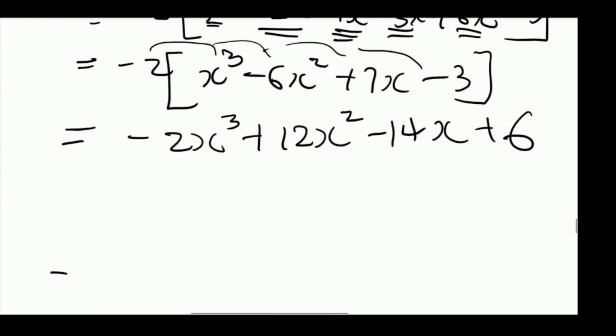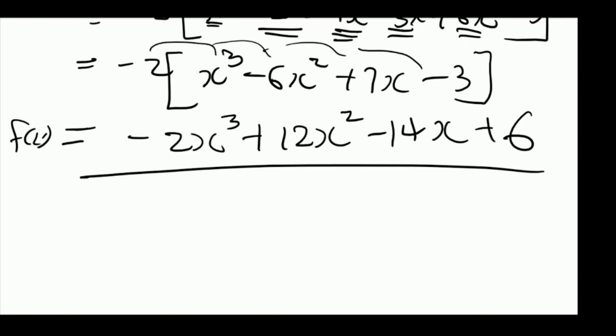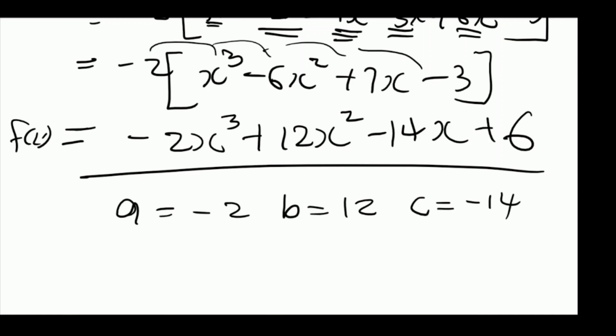So this is going to be our equation of f, right? F of x equals minus 2x cubed plus 10x squared minus 14x plus 6. So our a value is minus 2, our b value is 10, our c value is minus 14, our d value is 6.